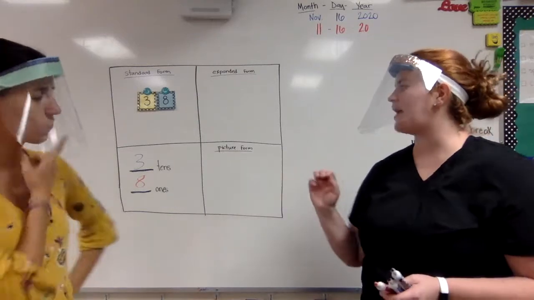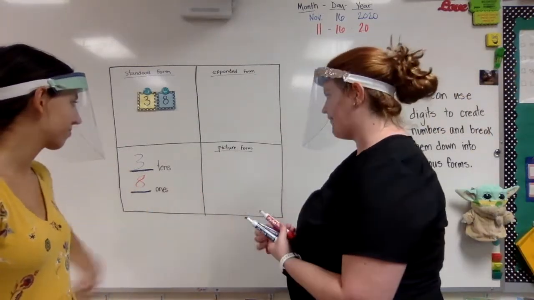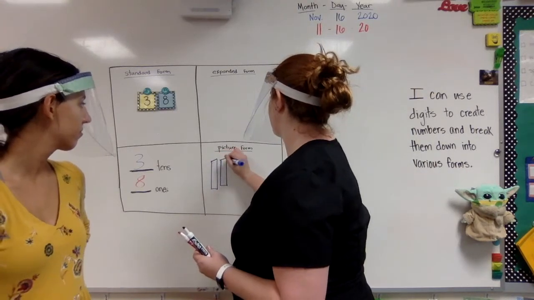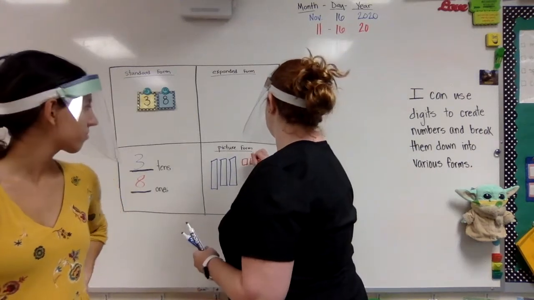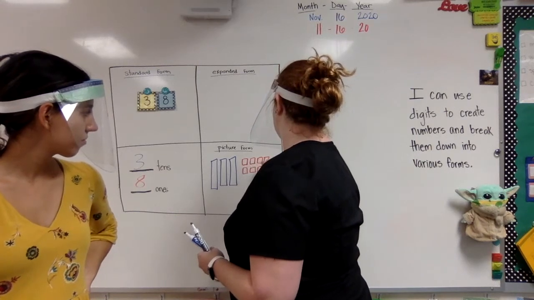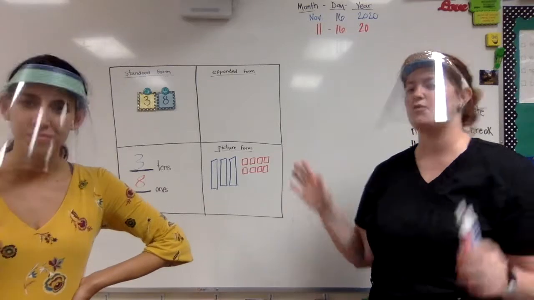Let me go ahead and do my picture form, because I just told you right here how many tens and ones I have. 3 tens and 8 ones. Oh, one more box. My expanded form.